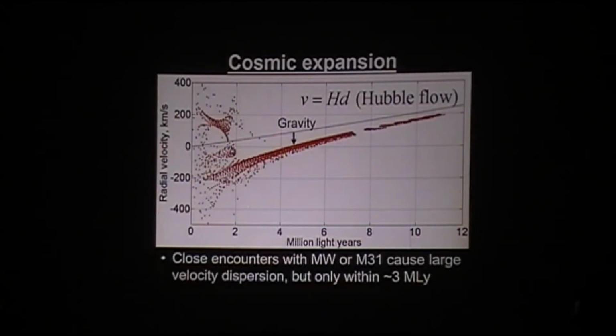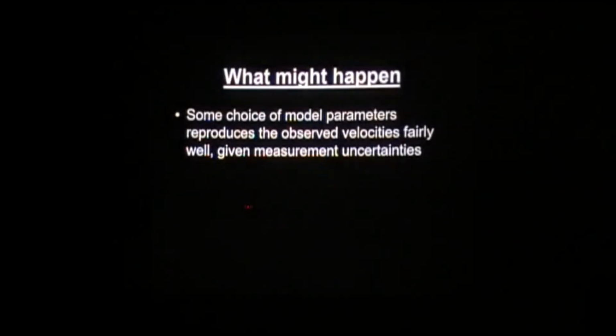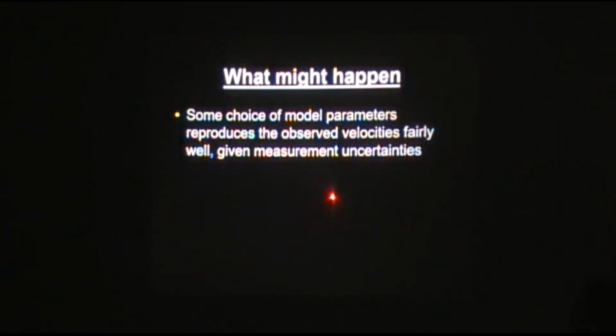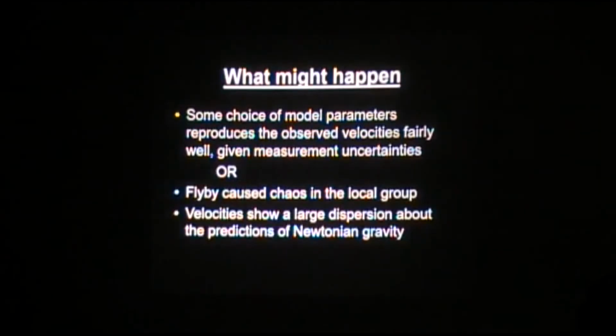So if you have close encounters, I've already said about that. So we thought that we could actually reproduce the observations quite well if there had been no fast Milky Way and Andromeda flyby, if Newtonian gravity had just been working fine. But if there had actually been a flyby, then obviously the model would completely fail.